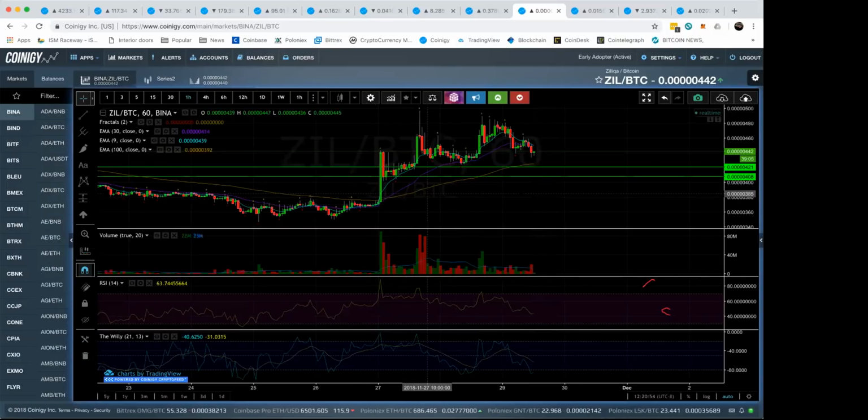However, if we were to lose this area of prior support, look here. This candle didn't leave much room for an established support because it was such a bullish move. So unfortunately, if we lose these 2 areas of support, we're going to be coming down back to there, which was prior resistance, support, resistance, and support here.